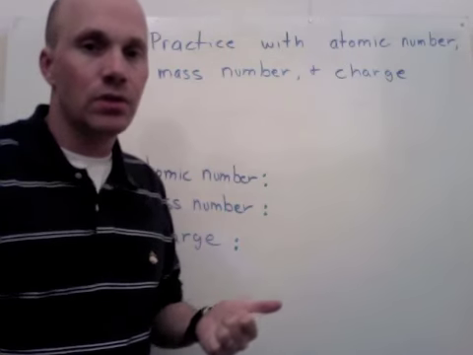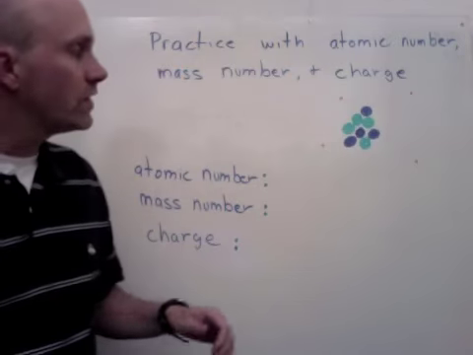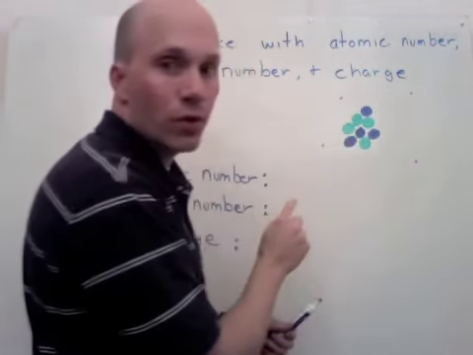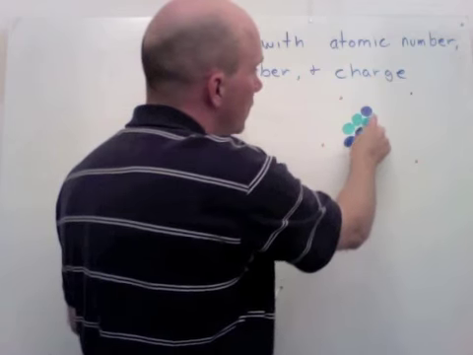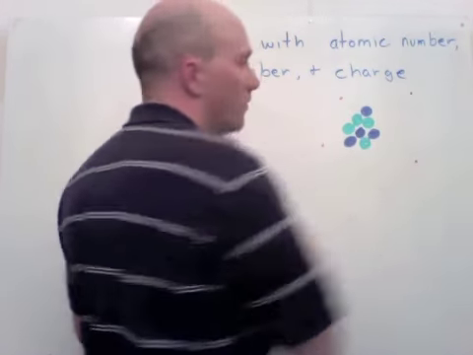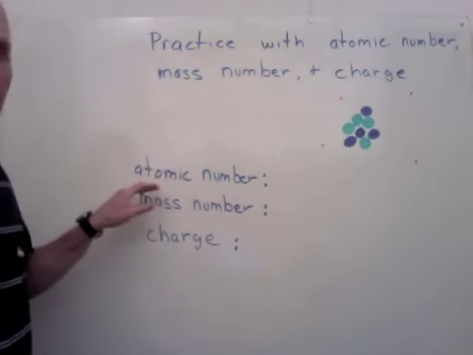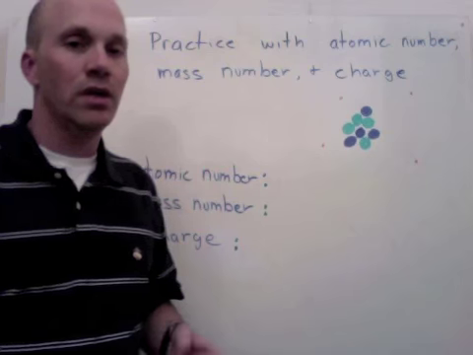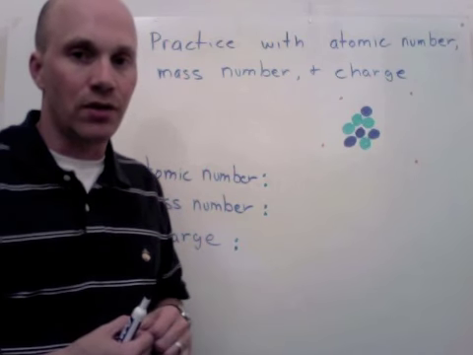Okay, so let's do a couple of examples. So for this example, we've got 1, 2, 3, 4 protons, 1, 2, 3, 4 neutrons, and 1, 2, 3, 4 electrons. Okay, so first of all, atomic number. Remember that the atomic number is simply the number of protons that are in the nucleus.